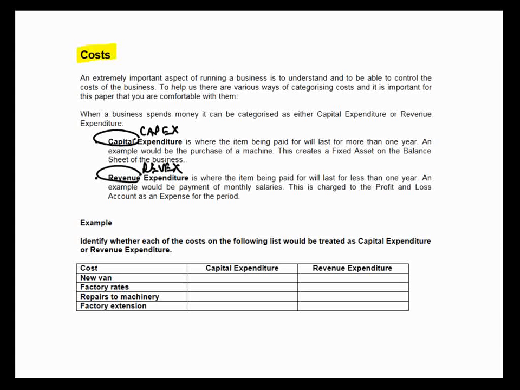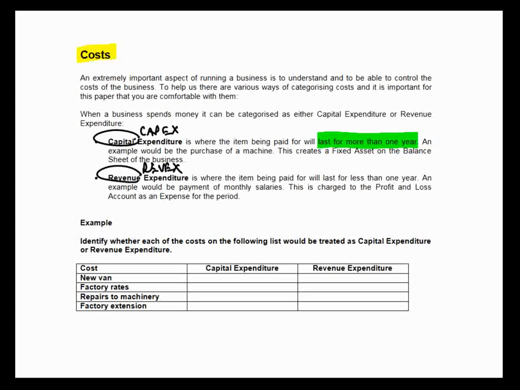Capital expenditure is where we're spending money on something that will last for more than a year. Good examples might be buying a car, which the business will likely have for several years. If you buy a machine or a computer, or even desks for the office, they're likely to last for several years. If you're buying a new factory, that could last for decades. So CapEx is where we're buying things that will last for more than a year.